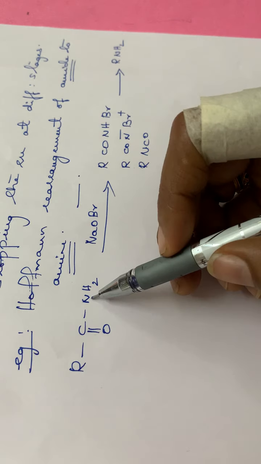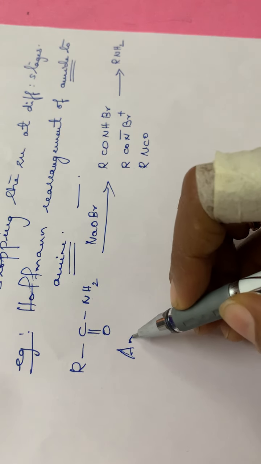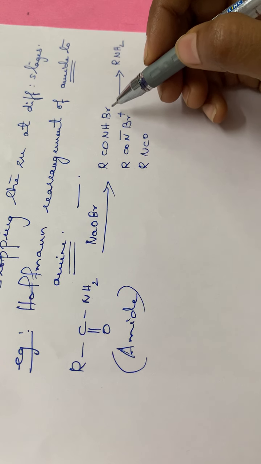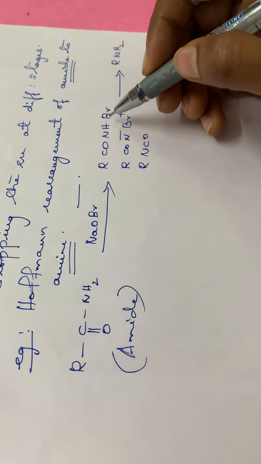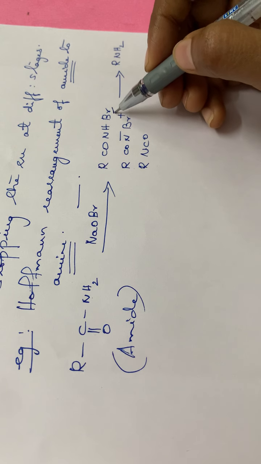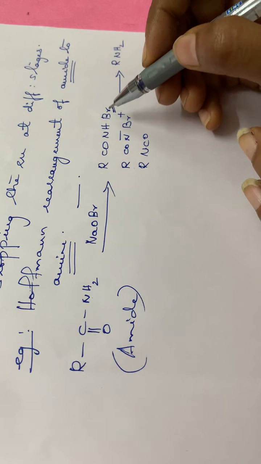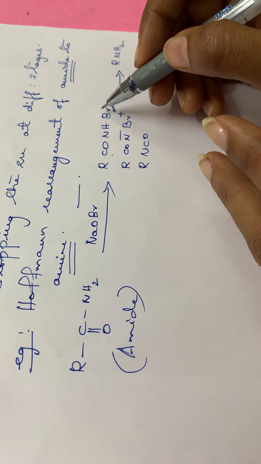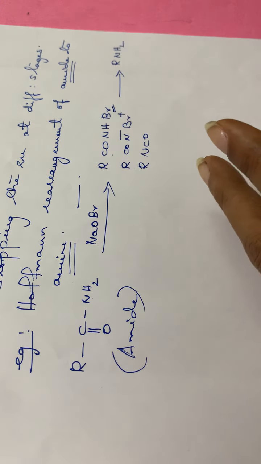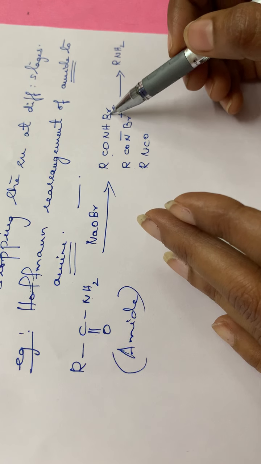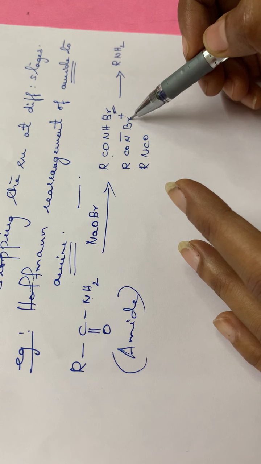So when this amide is treated with sodium hypobromite, the intermediate formed will be RCONHBr. At this stage, during the formation of this RCONHBr, the reaction will be stopped, and we will be identifying this particular intermediate. Then further we are proceeding, that means we are controlling the reaction up to this stage. Then we are proceeding with the reaction in the next step.